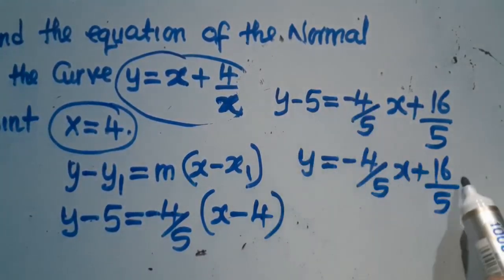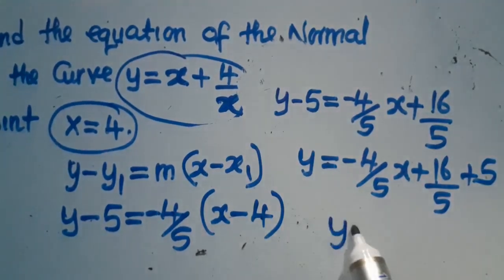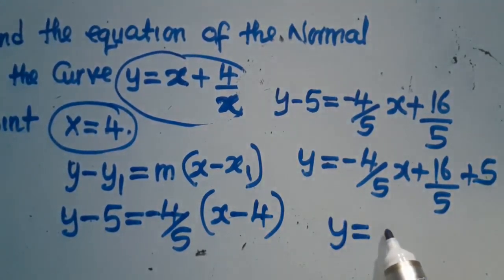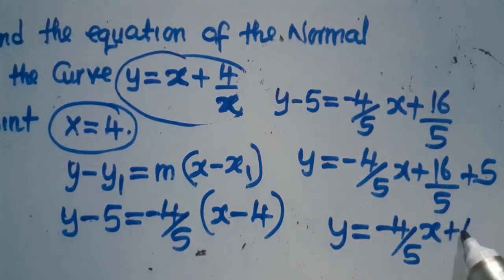This one plus 5, where you now say y is equal to negative 4 over 5x. If you punch that on your calculator, you are going to get 41 over 5.